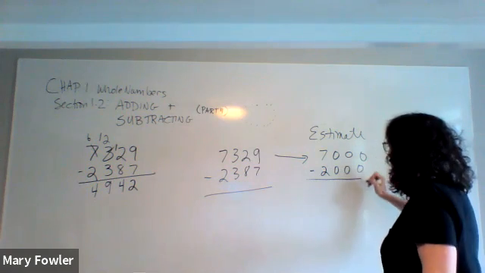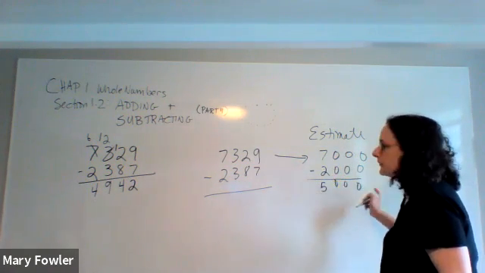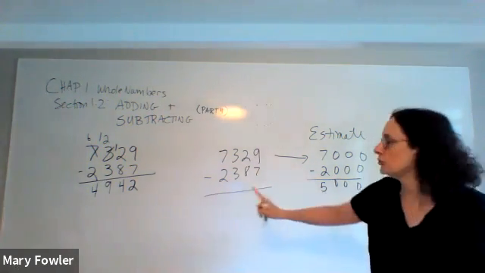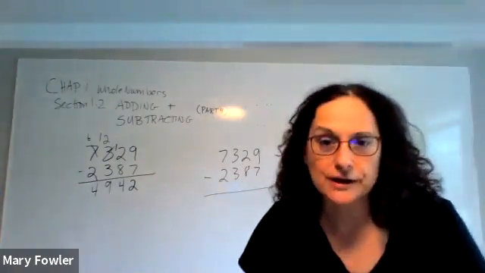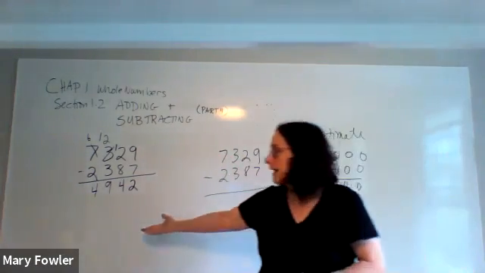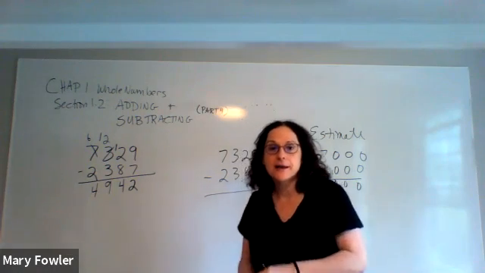And so we just subtract, and again, lots of zeros, and we end up with 5,000. And we see that our estimate, 5,000, is close to the exact value, 4,942. So that gives us a feel that our subtraction problem was accurate.